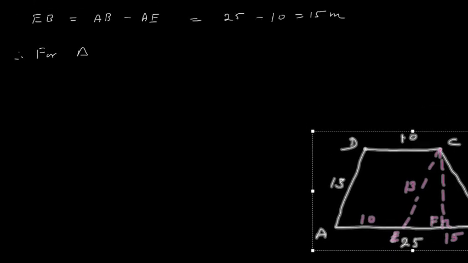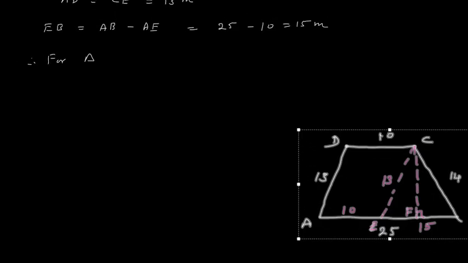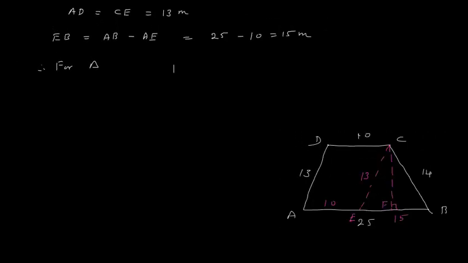So for triangle CEB, a will be considered as 15, small b as 14 and small c as 13. No, all dimensions are in meter. So 15 meter, 14 meter and 13 meter.